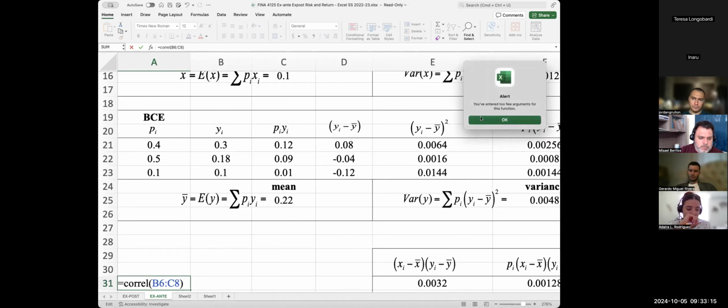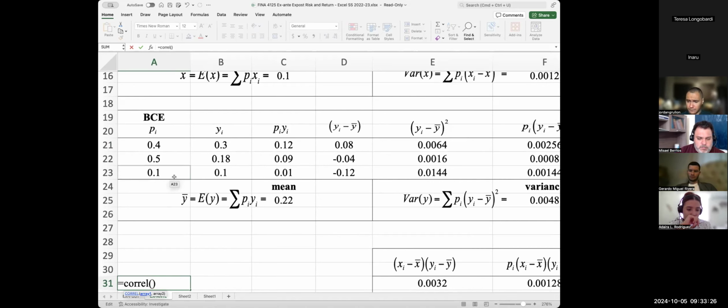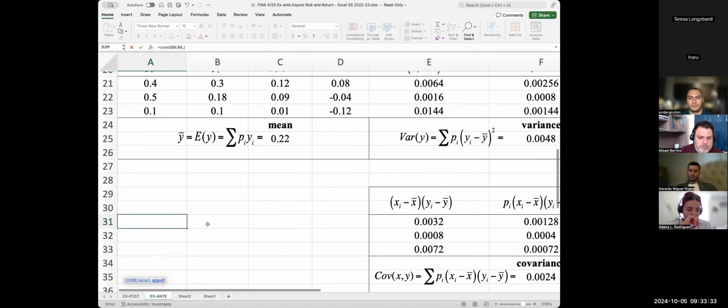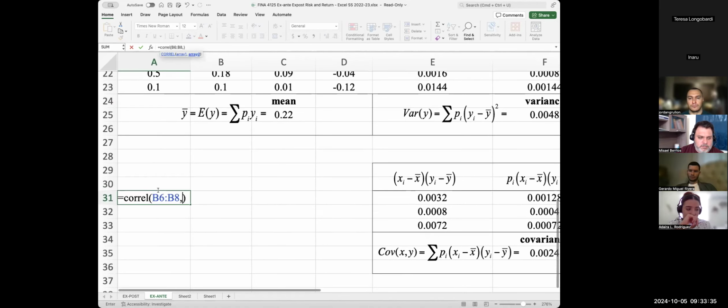Uh-oh, what did I do wrong? Something's missing. Okay, I think I have to do one at a time. So like this. You see, I don't do this all the time. Oh, yeah. That's B6 to B8 and then C6 to C8.